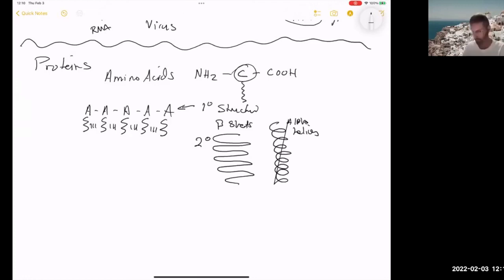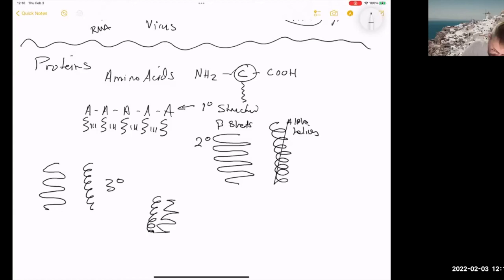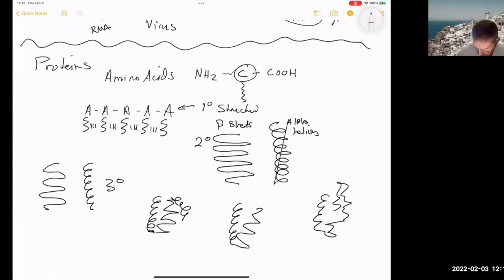All right, and then what happens is these sheets and these helices can begin interacting, and they fold even further into the tertiary structure. You get this tertiary structure of sheets and helices, and you can get several of them that form these globules, if you will.